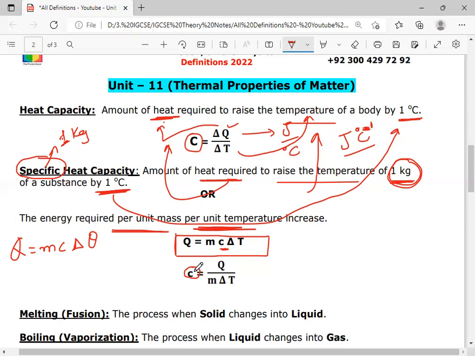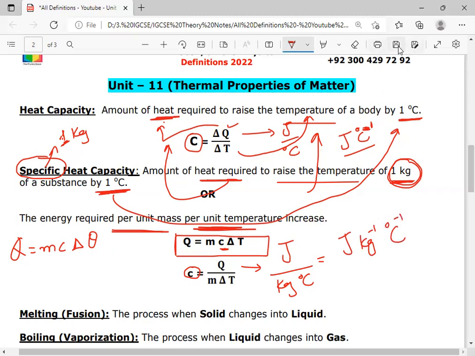So the formula of specific heat capacity is small c equals Q over m delta T. The unit of energy is joule, the unit of mass is kg, the unit of temperature is degree Celsius, so its unit will be joule per kg per degree Celsius.